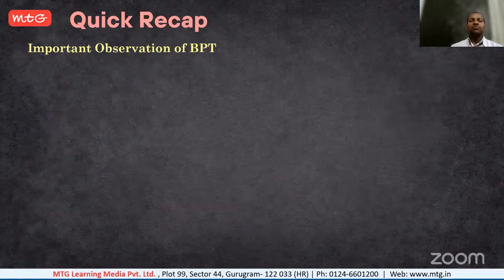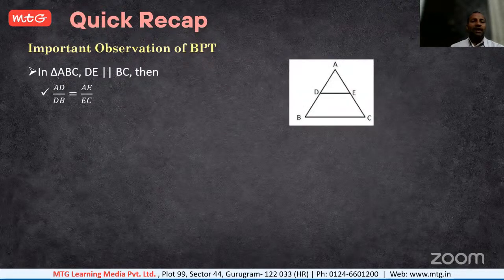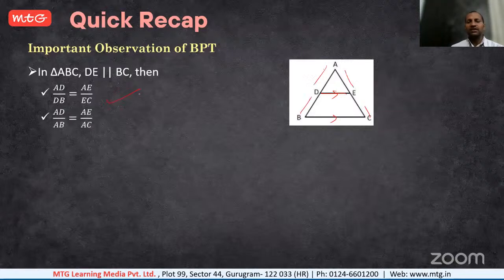So next is an important observation. Basic proportionality theorem: what we have seen is that in triangle ABC, if DE is parallel to BC, what will happen? Your AD by DB is equal to AE by EC. That we have already seen.